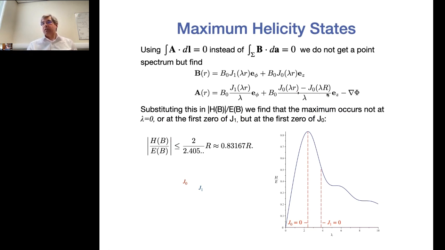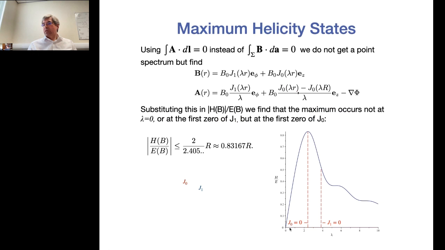So I subtract the value of the vector potential on the boundary, so that vanishes eventually, and the integral of A dl is 0. If you now plot the ratio of helicity over energy for these kind of fields, then you find a curve like the one I showed here in blue.